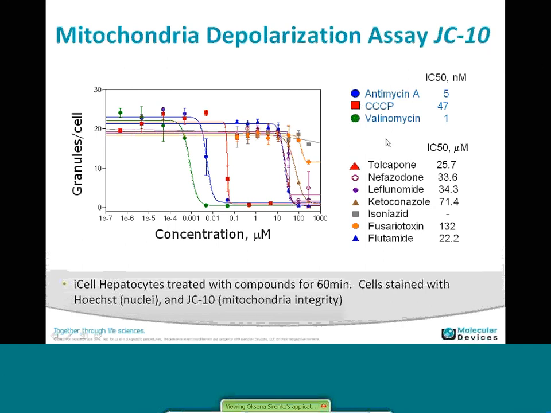So we characterized a number of known inhibitors of oxidation, like antimycin A or CCCP, which have IC50s in nanomolar range, and also a number of compounds from the library, which are anti-inflammatory or antifungal compounds, which also affect mitochondria, but in micromolar range.